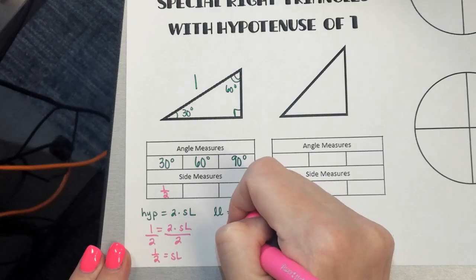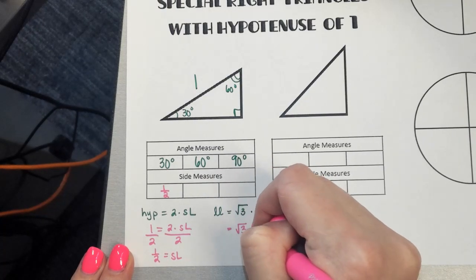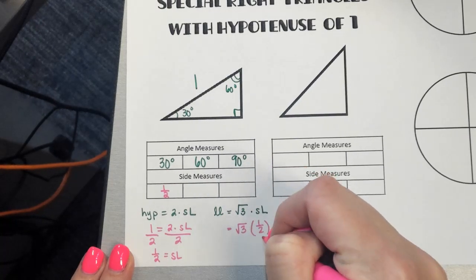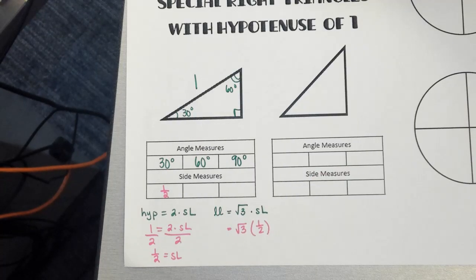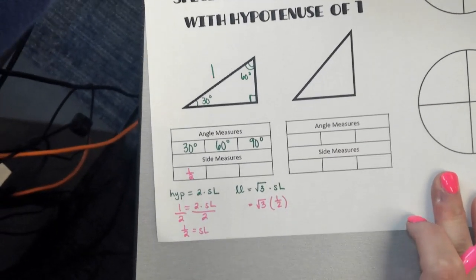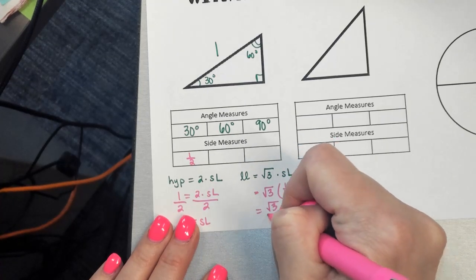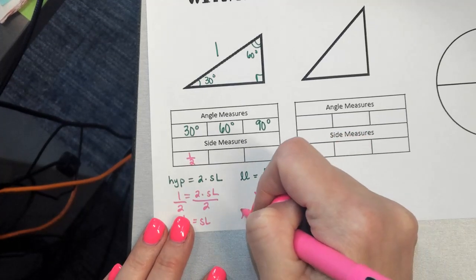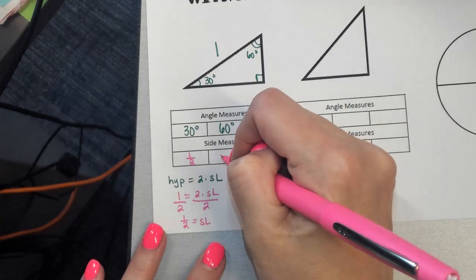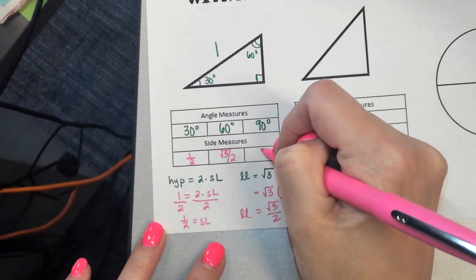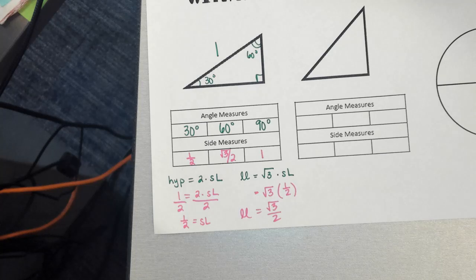And then here we just do root 3 times the short leg. Well, if the short leg's 1/2, we're just going to multiply those together. You do need to simplify. So when you multiply by the numerator, it's just root 3 over 2. So don't leave it as the multiplication. So that would be across from the 60, and then we already did the across from the 90 is 1.